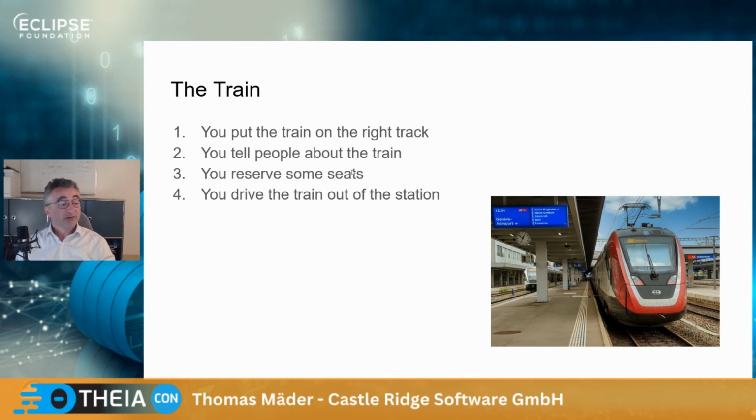The third thing is you reserve some seats, because you need a certain critical mass of contributors or stakeholders that support the project to get it off the ground. And the last one is one of the most important ones. You need to drive the train out of the station. So you need to put in some work up front to get other people to commit to the project.